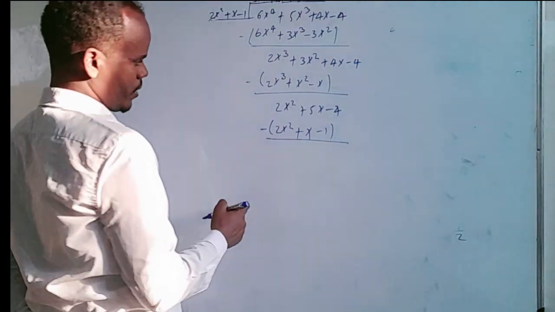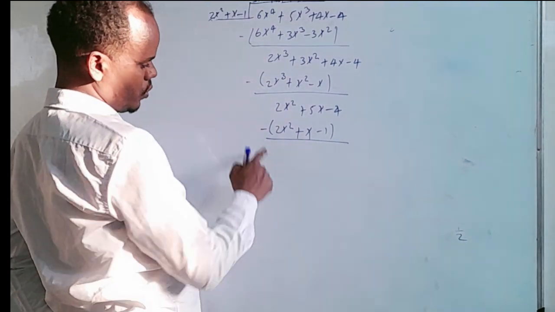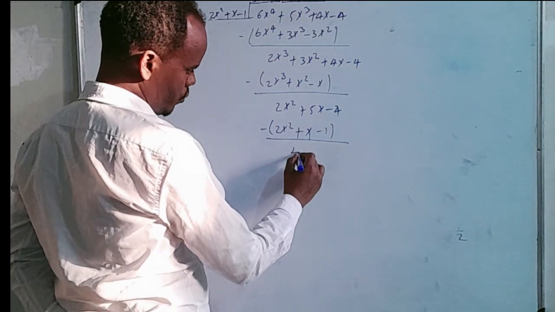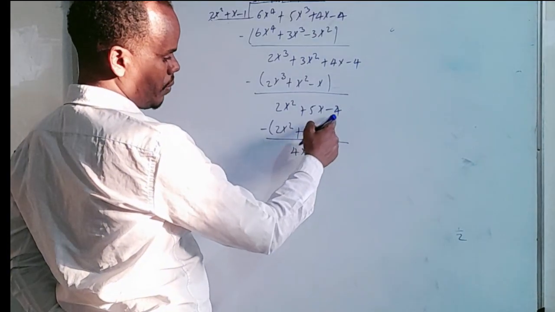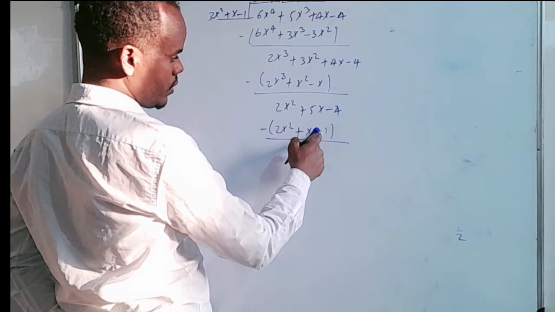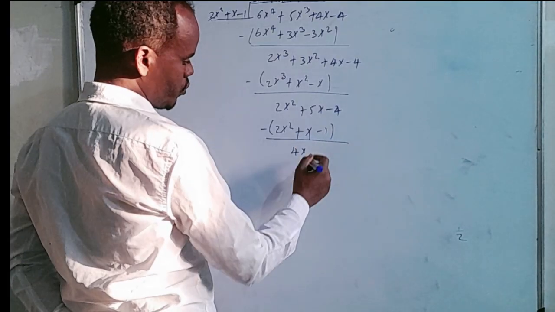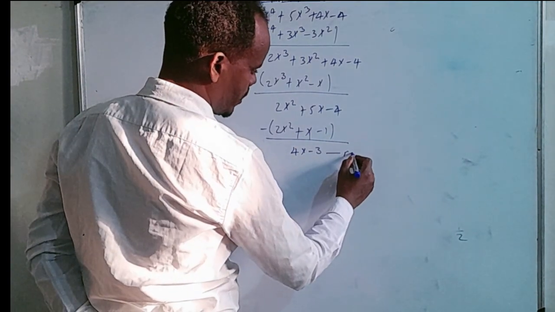What is the difference? 2x squared minus 2x squared is 0. Then 5x minus x is 4x. Then minus 4 minus positive 1 means minus 3. This is the remainder.